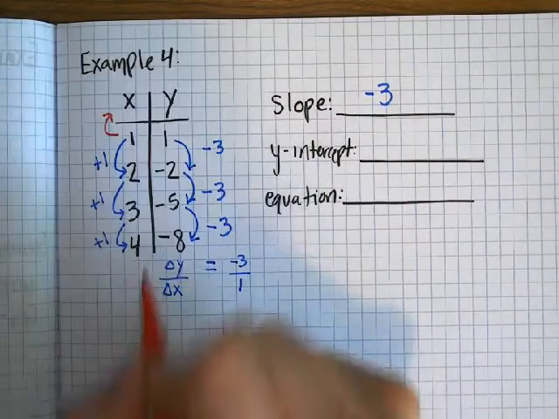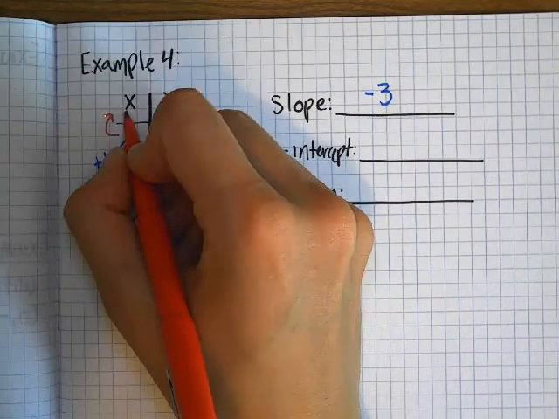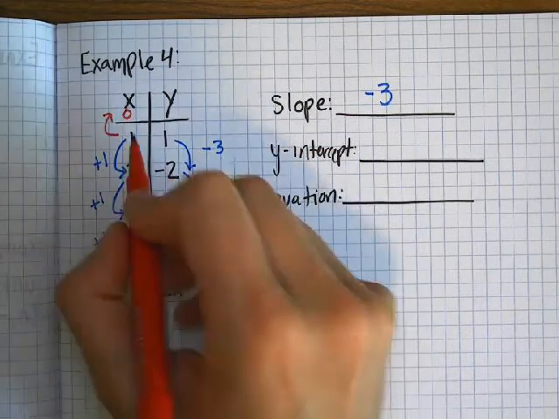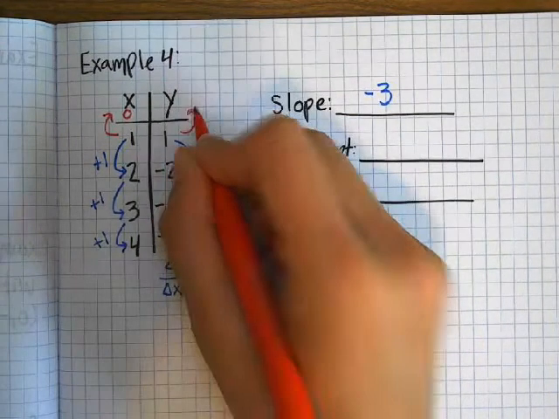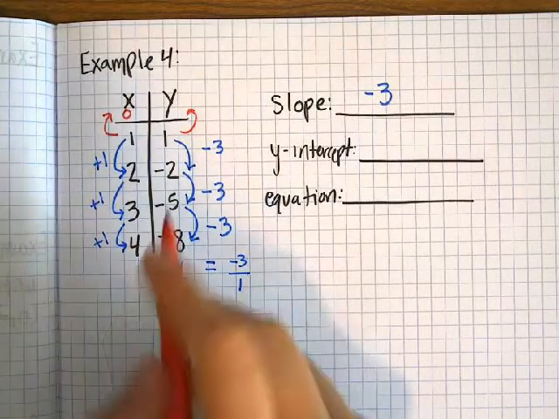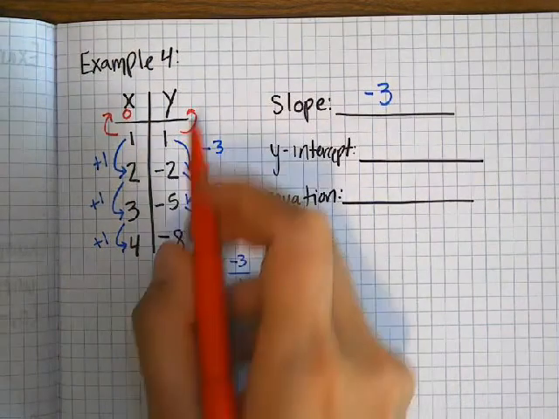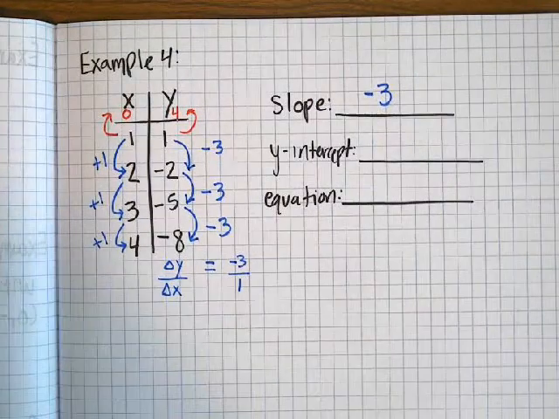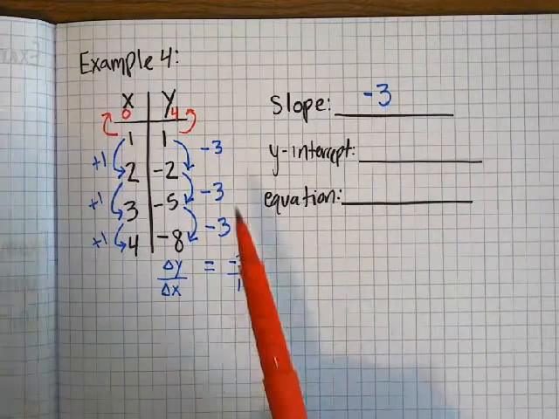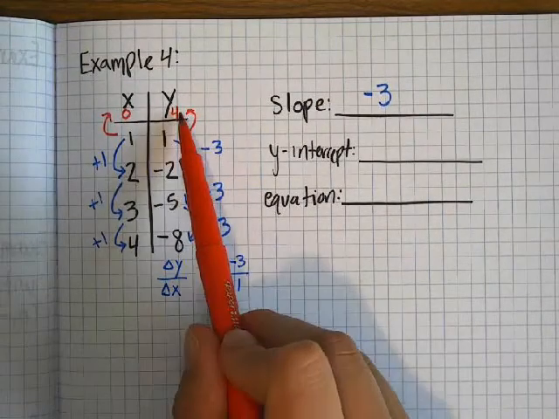Well, we don't have a 0 on our chart, so it's like, what do we do? Well, we just have to go backwards. Okay, go backwards to where there is a 0. So if I went backwards here, what would I do? Well, I would need to add 3 to 1. So my y value would be 4.